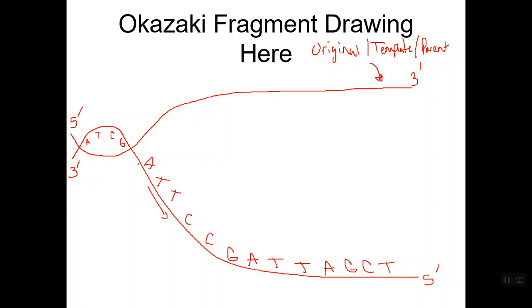Remember that DNA is complementary, so as we label the other side, the A must have been attached to a T, that must have been an A, that must have been a G, that must have been a C. Across from the A would have been a T, that would have been an A, a G would have gone there, another G, C, T, A, T, C, G, A.